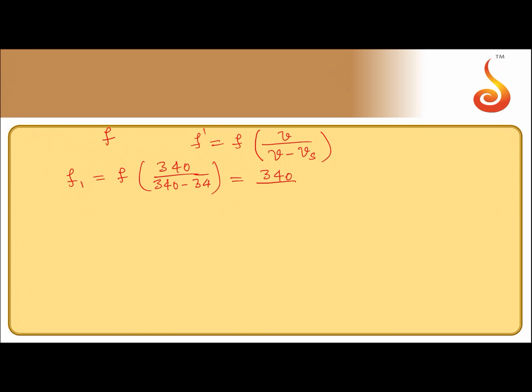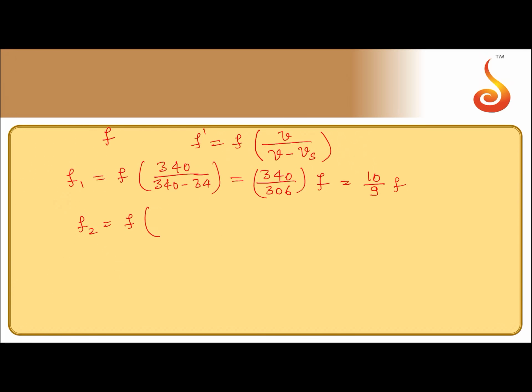So that should be equal to 340 divided by 306 f. So that is nothing but 10 by 9 f, dividing by 34 on both sides.